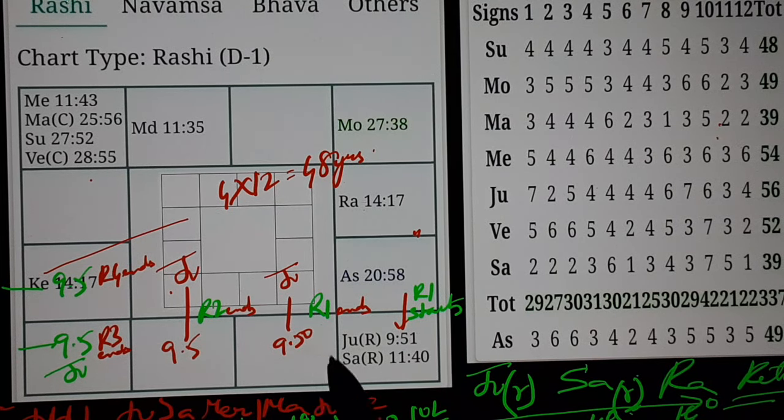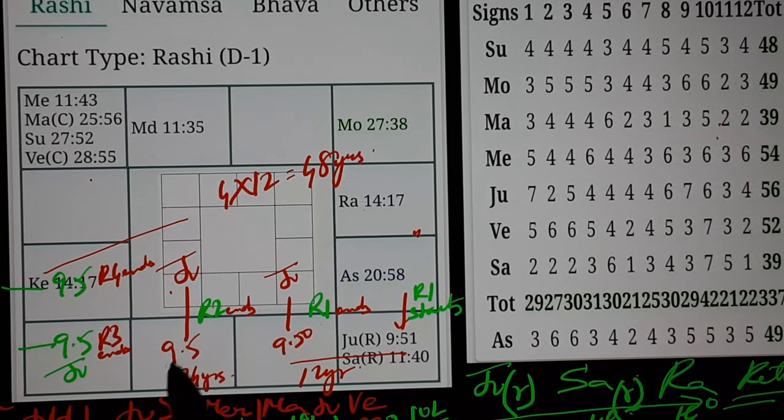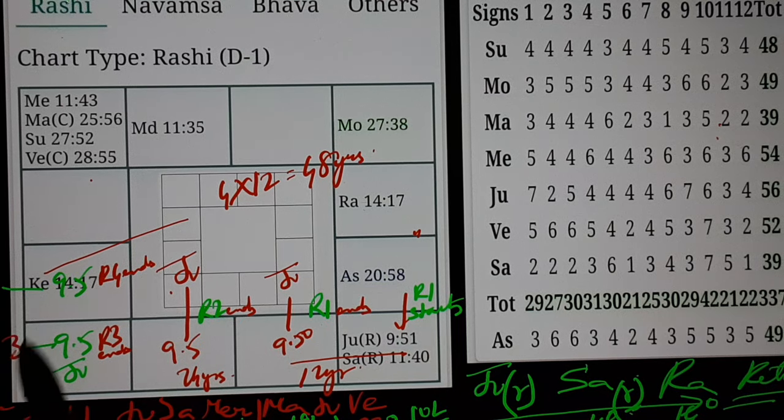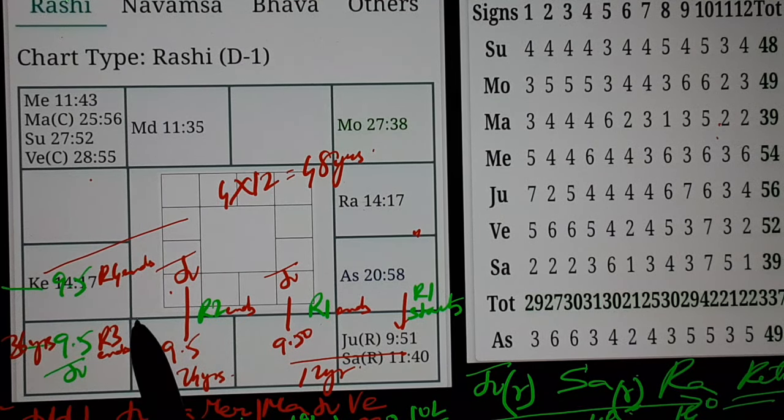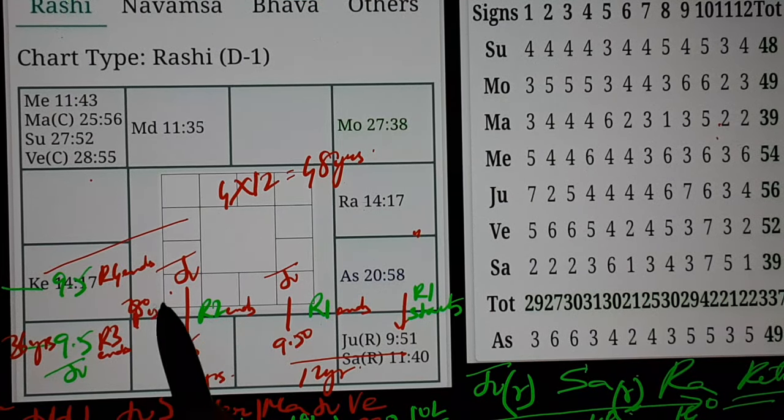In round 1 it is not possible, she will be 12 years old, and from here to here she will be 24 years, and then 24 to 36 years. What happened in the chart when the native reached these points, about 28 degrees, 25 degrees? Why did the marriage not manifest?